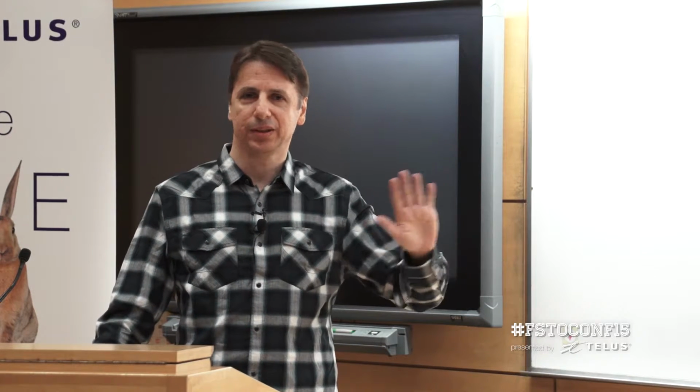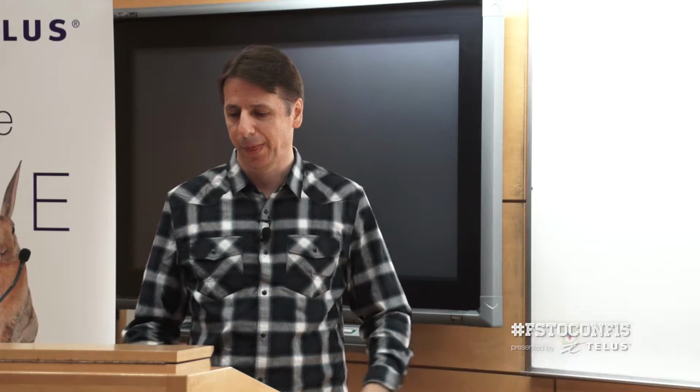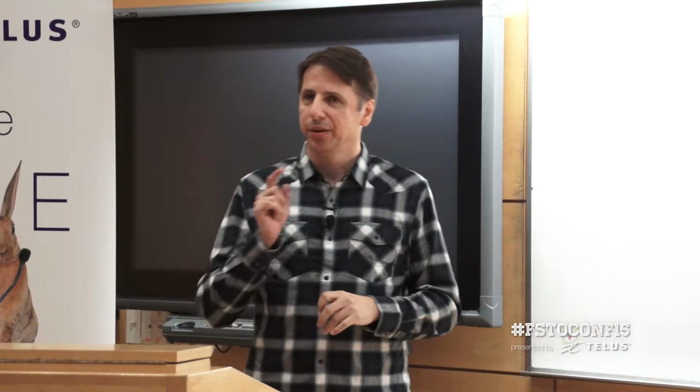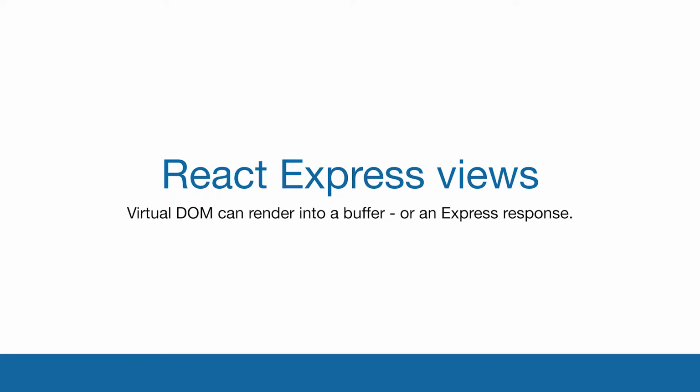So we said, oh, we're using this as a router. Remember when I said that virtual DOM can be used to render on the server? So let's go back to that. We can render that DOM into a buffer. So we can create an Express view. That's the first thing people thought: oh, I can render, let me create a view.